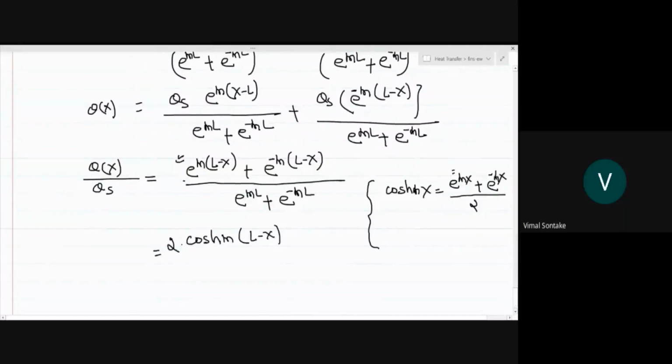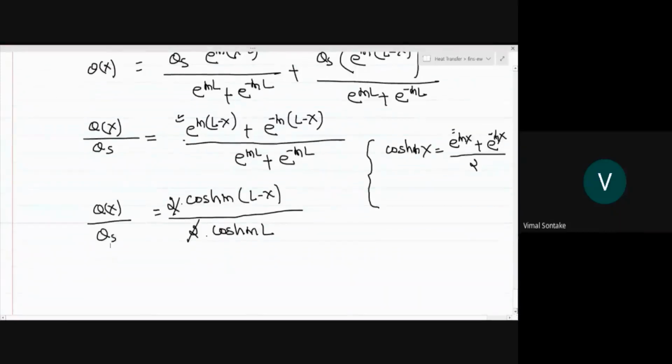And similarly, the term in the denominator will become twice into cos hyperbolic ml. Okay, so finally, what I will get? The ratio of excess temperature at any distance x over theta s will be cos hyperbolic m into L minus x over cos hyperbolic ml.